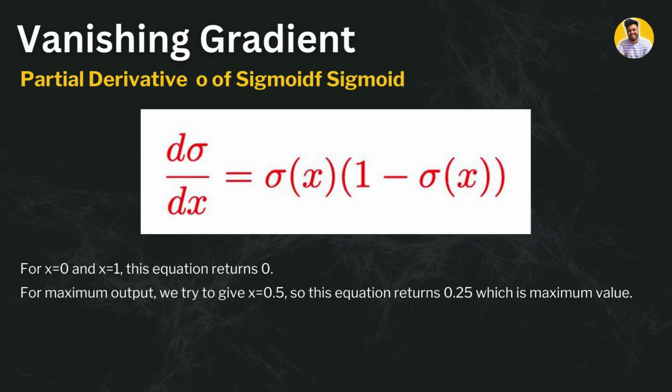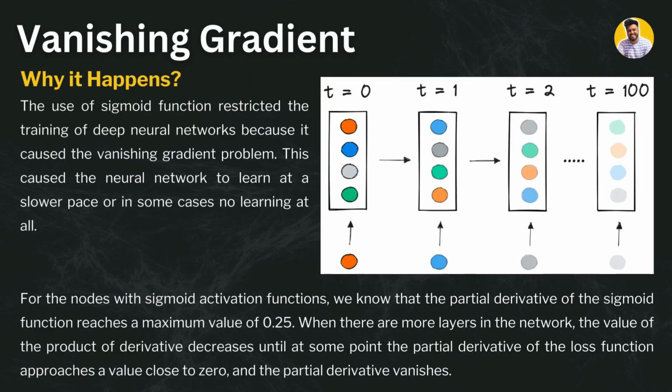This calculation shows that if you put in the value 0, the result is 0. If you put in 1, the result is also 0. But if you put in 0.5, it returns the maximum value of 0.25. When there are more layers in the network, the value of the product decreases to a point where it becomes very close to 0, and thus it causes the vanishing gradient problem.